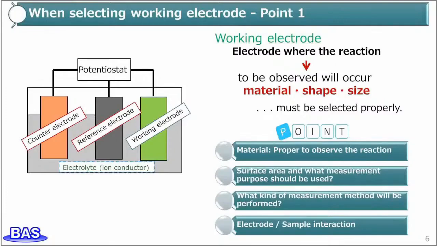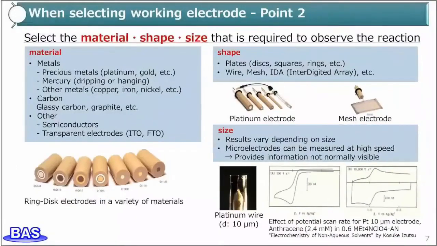The second point to consider when selecting the working electrode is to select the material, shape, and size that will produce the desired reaction to be observed. As the material of the working electrode, there are metals such as platinum, gold, silver, copper, etc. Also, carbon electrodes such as glassy carbon are available. There are transparent electrodes such as ITO, which is used in semiconductors and spectroelectrochemical measurements.